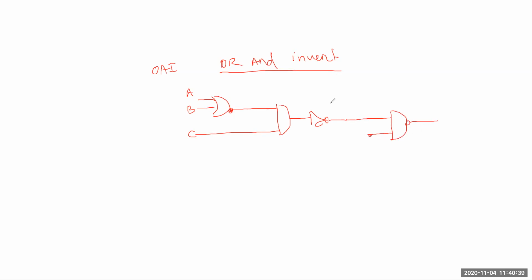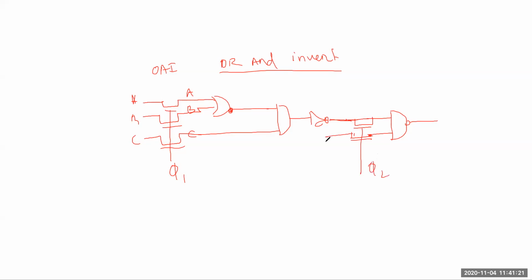So what can we do here? Here you can use 3 pass transistors, and we connect all of them to a clock. This is A, B, C, and here also we use a pass transistor, and we connect it to phi 2.